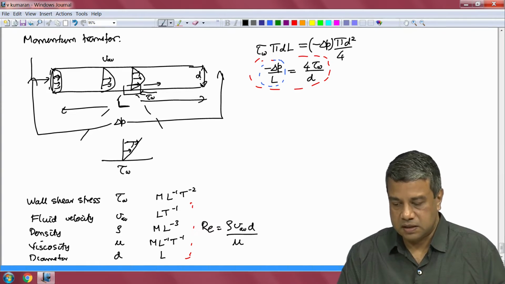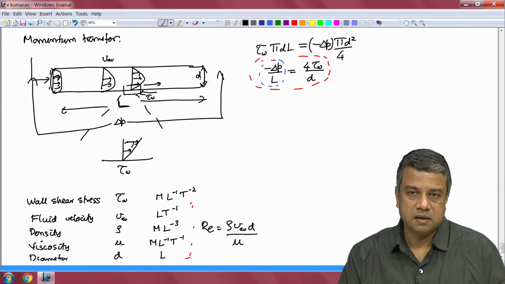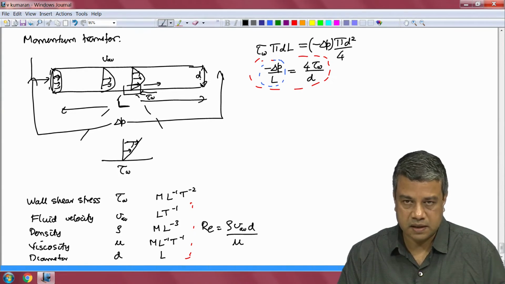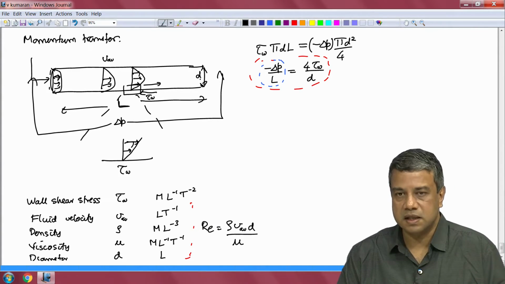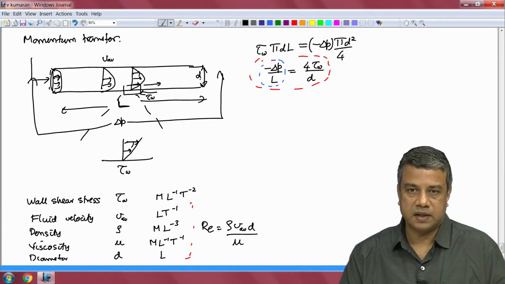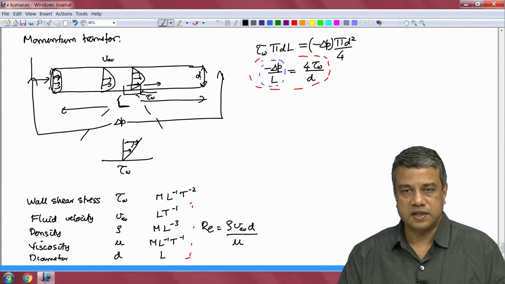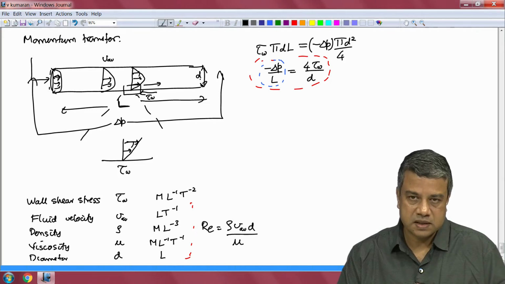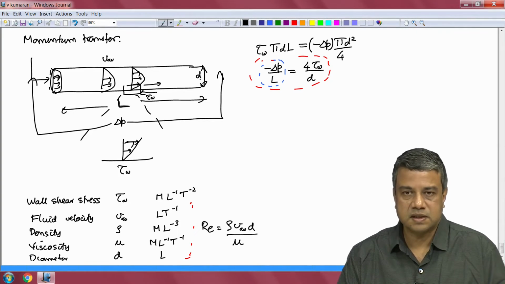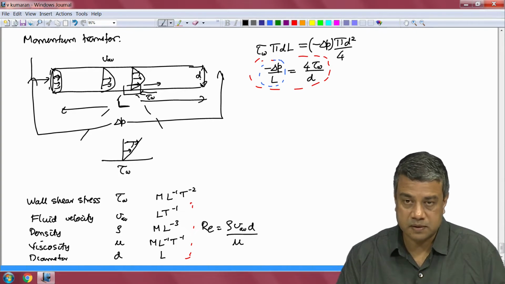The shear stress is a force per unit area. Force per unit area has the same dimension as energy per unit volume, because energy is force times length, volume is area times length. So, the wall shear stress has the same dimension as an energy per unit volume.